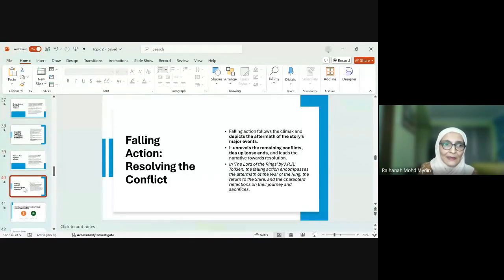Following the climax, of course, you've got the falling action, or the resolution of the story. And that usually happens towards the end, almost close to the end of the story, maybe the last chapter or two.